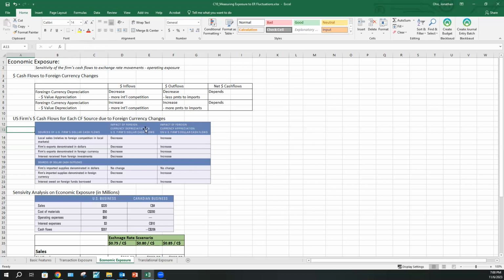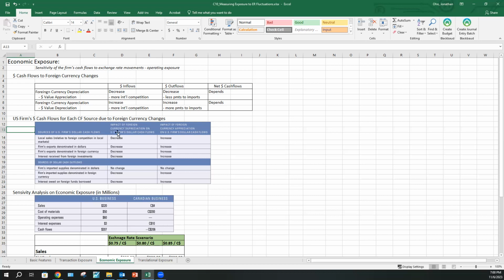Now, this one is foreign currency depreciation. Foreign currency depreciation means foreign export increases.